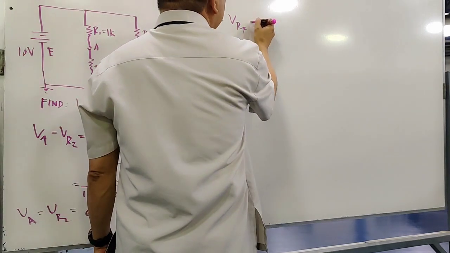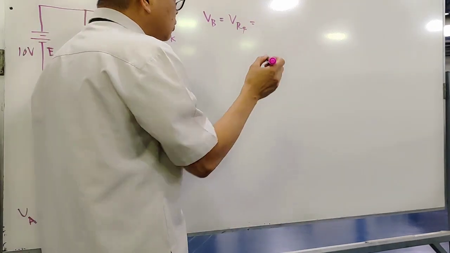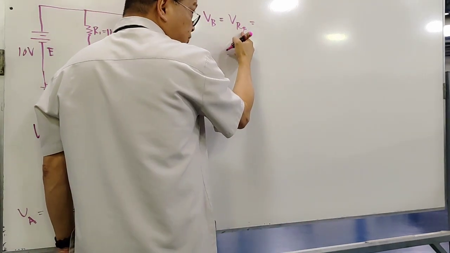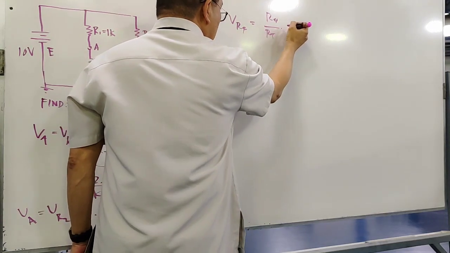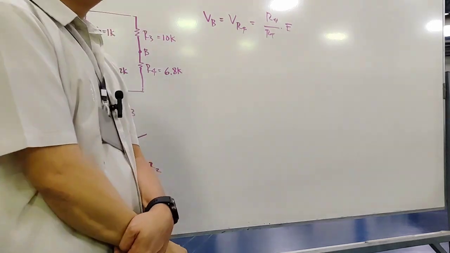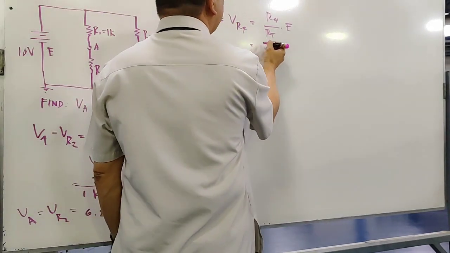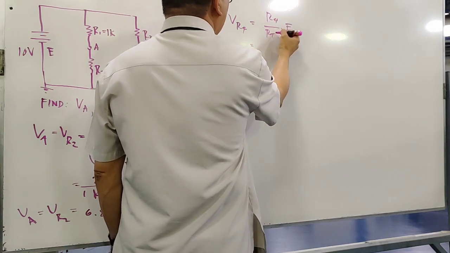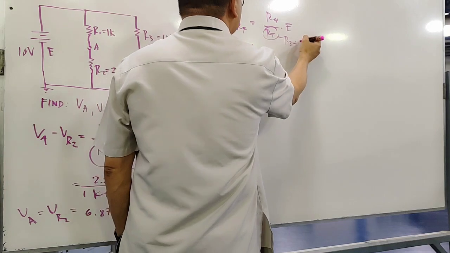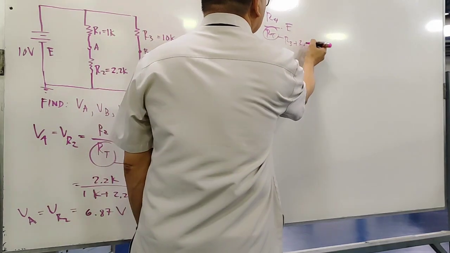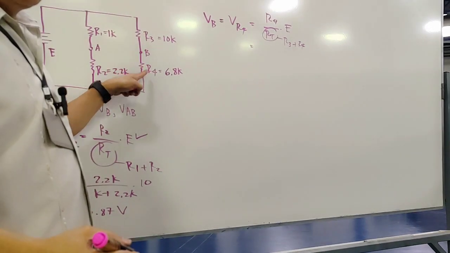So apply again the same rule, the divider rule. Since this is R4, we have R4 over R total multiplied by the source, the general formula. R total here is R3 plus R4, because we are after this line.